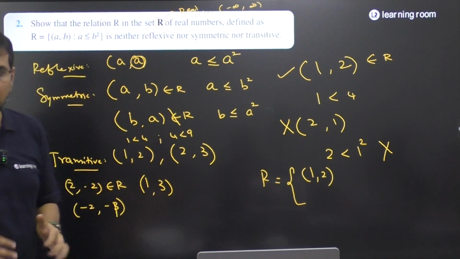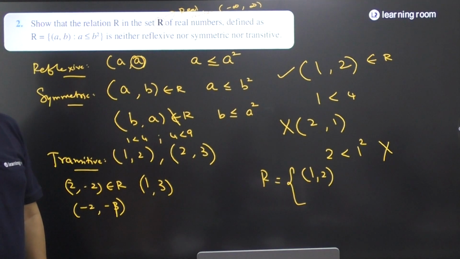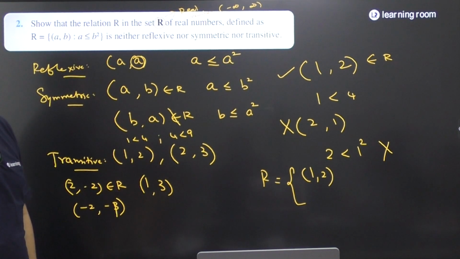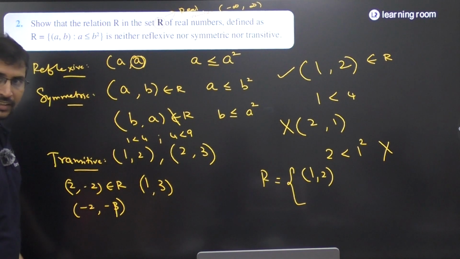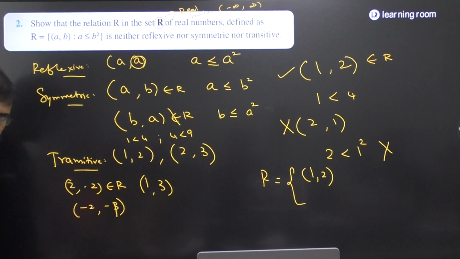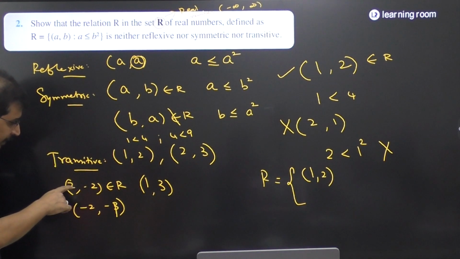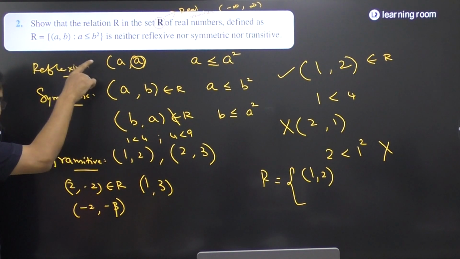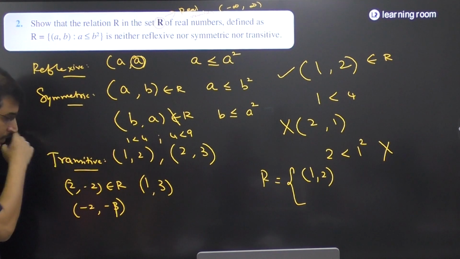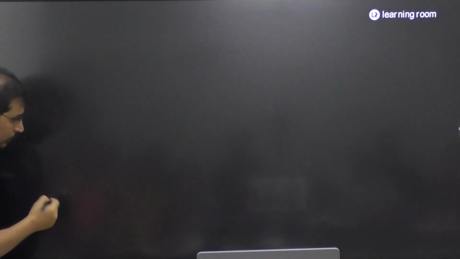So when you keep putting positive numbers, it will keep satisfying. Only when you need to make this a bigger number, make this a negative number. So what is the example you can consider? (2, minus 2) belongs to R. Does it satisfy? 2 is A. Less than or equal to minus 2 the whole square is 4. Satisfied? So yes, this belongs to R.